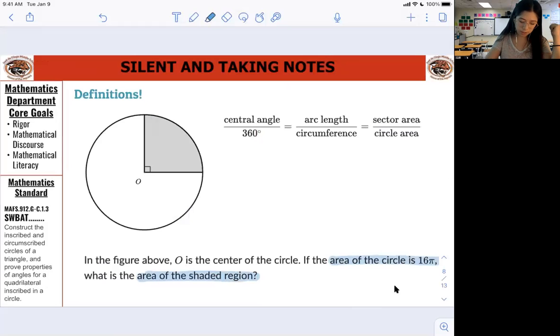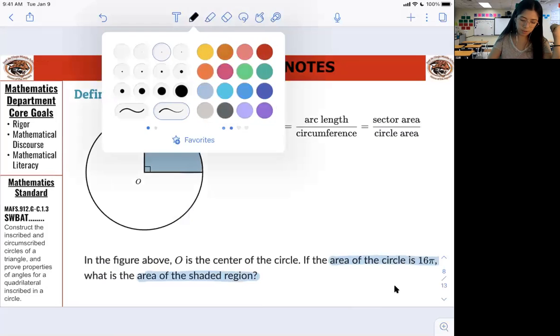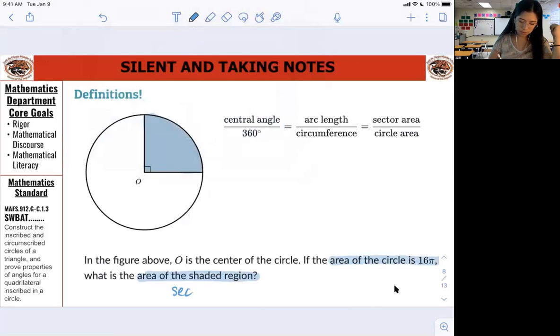Now, what is this called, this shaded region? The sector. Yeah. So we're looking for the sector. So which of my 3 ratios can I use for that part? Do we need circumference? No, because it doesn't say circumference.